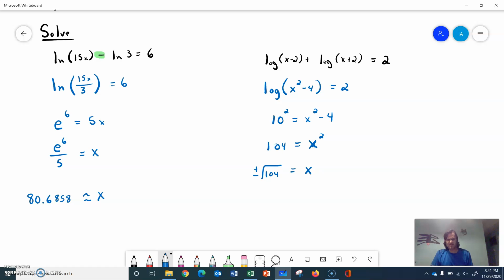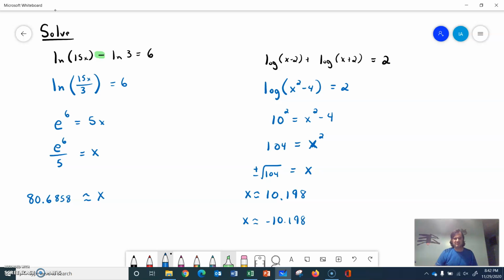Let's see what those look like written out. So we'll go to the calculator. Square root of 104 is 10.198. And then we also get a negative version of that. Negative 10.198.